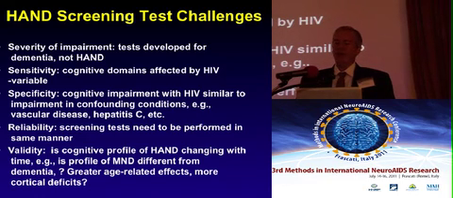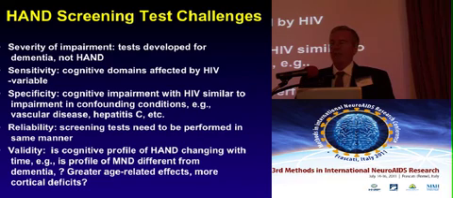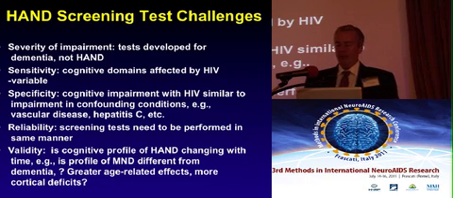So what are some of the challenges associated with using screening tests for HAND? As I've already alluded to, the severity of impairment is important. These tests have been developed specifically for diagnosing HIV dementia, but they haven't been developed for diagnosing both mild neurocognitive disorder as well as dementia. Sensitivity is also an issue.